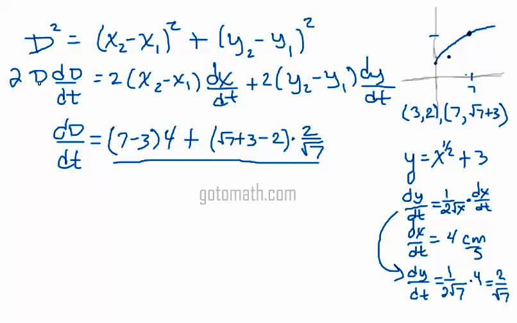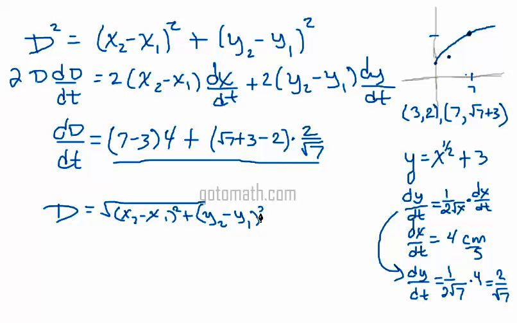Now D is, remember, the distance formula, right? And I am going to write it this time with the square root. So remember what the distance formula is: x2 minus x1 squared plus y2 minus y1 squared. So that's our distance formula there. So we're just going to go ahead and do that.